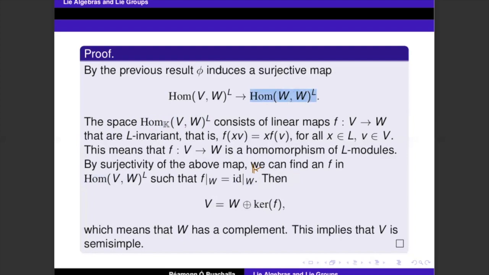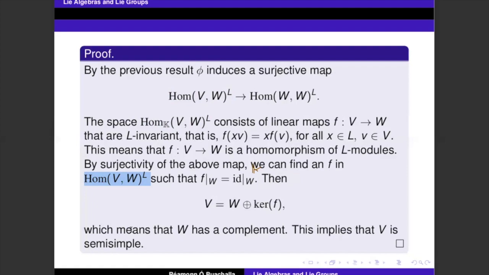But because of surjectivity, there exists a function here that restricts to it. So what we've basically done, in more down to earth terms, is we've lifted the identity function from W, we've expanded it up to a function on the whole space. But this function is special, it's not just any linear map because that would be easy, but it's a linear map inside this space here, which is to say it's an L module map. So we've extended the identity up to an L module map on the whole space.